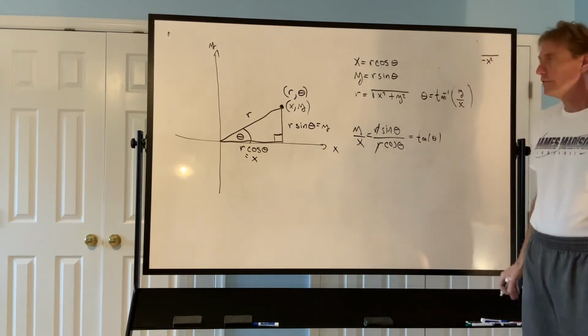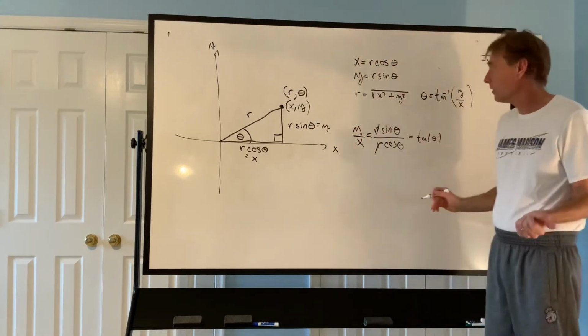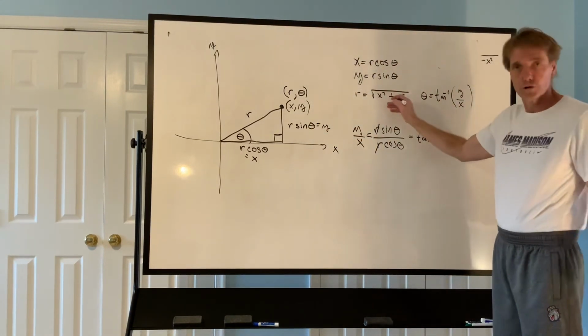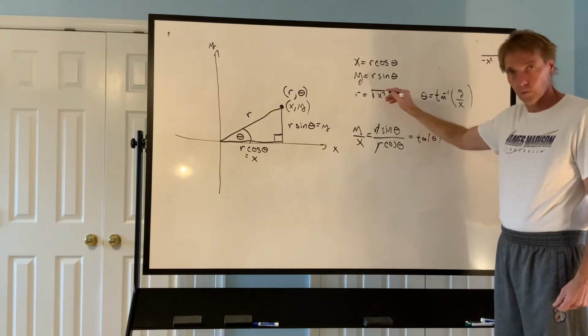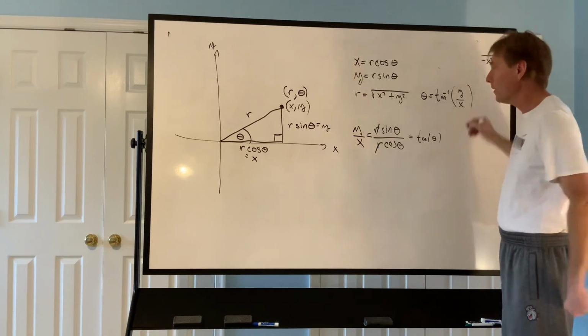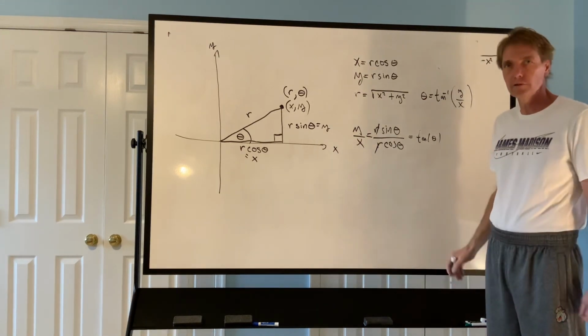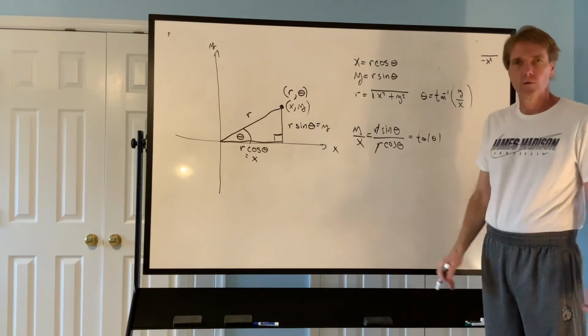So if you're given an x, y and you want to figure out the corresponding r, theta, you square the x coordinate, square the y coordinate, take the square root, do y over x, and do tan inverse, and that'll give you your angle theta.